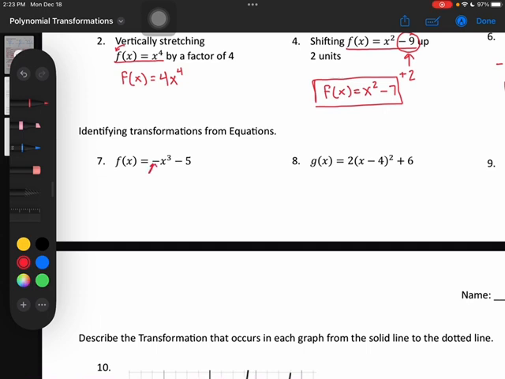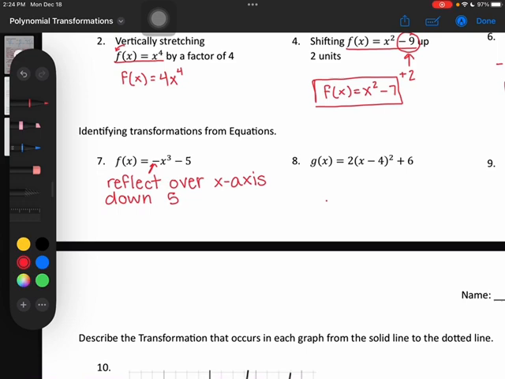According to our table above, we see that a negative is going to reflect over the x-axis. And then this 5 on the outside is going to move it down 5.